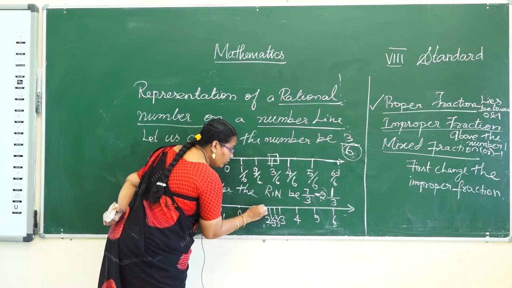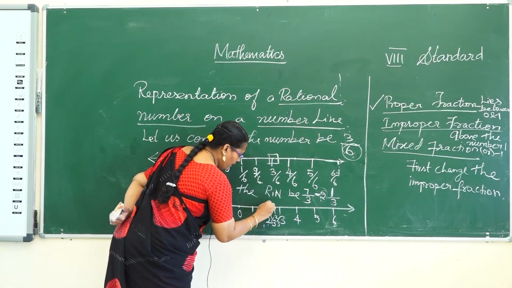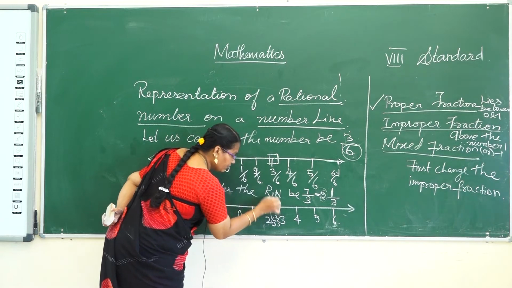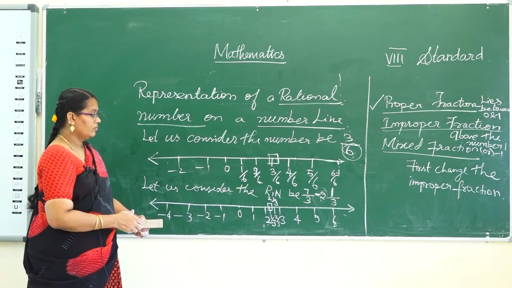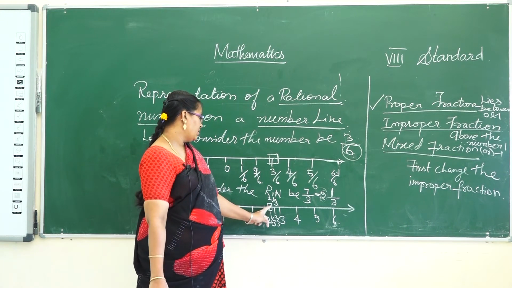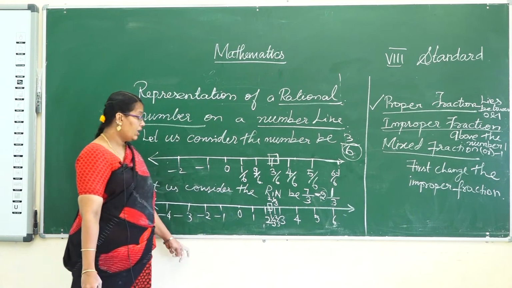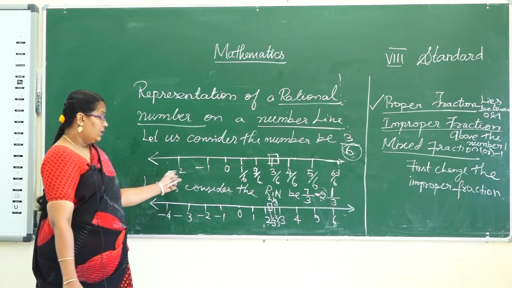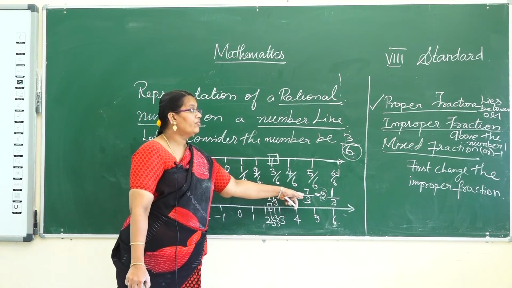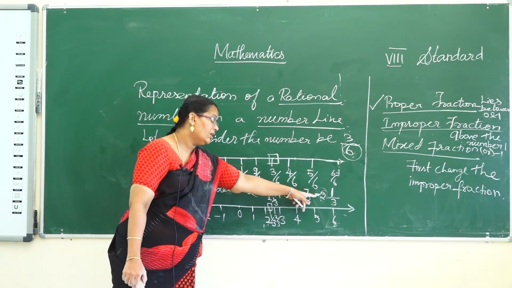So, 2 and 1 by 3. The value of 2 and 1 by 3 on the number line is at this place. I hope you all understand: if an improper fraction is given, change it to a mixed fraction.